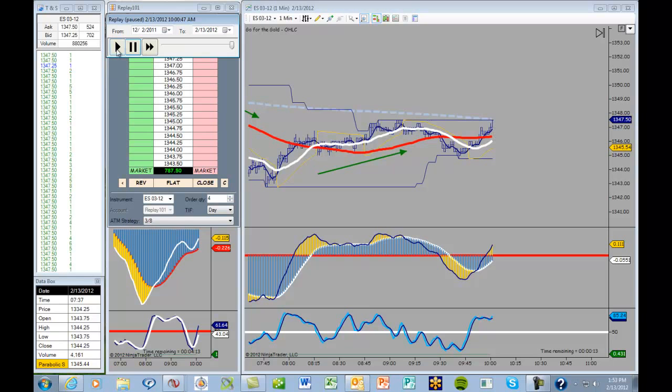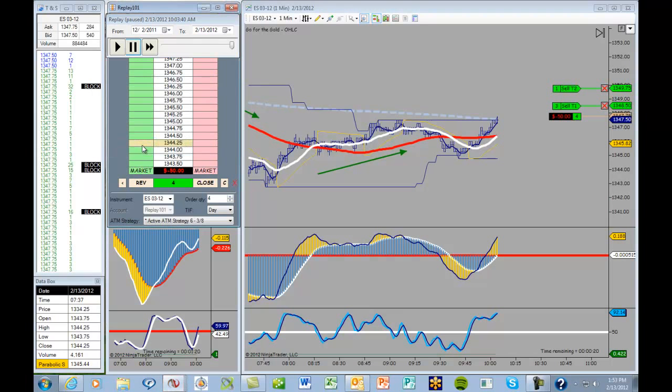I'm going to wait just a tad longer. Okay, now the white is touching the red, and everything else still looks bullish. So let's go ahead and get long here.